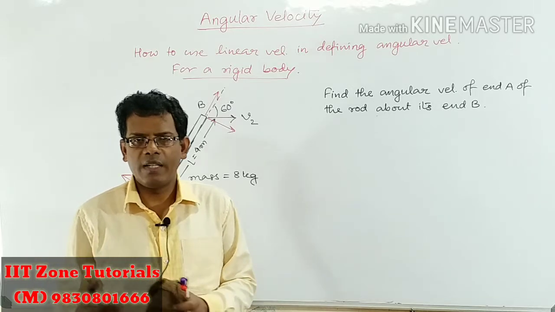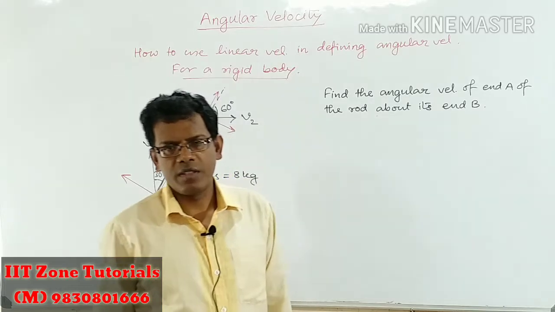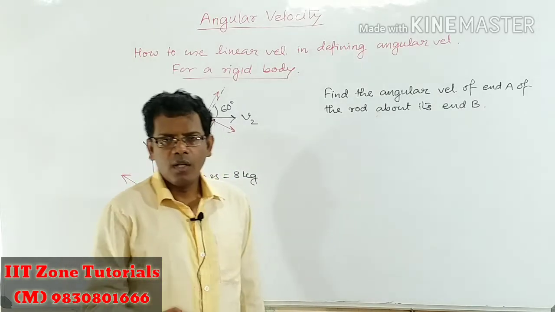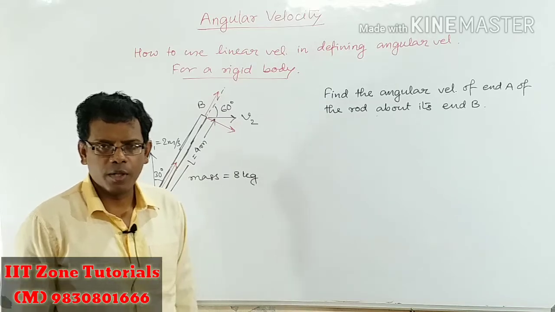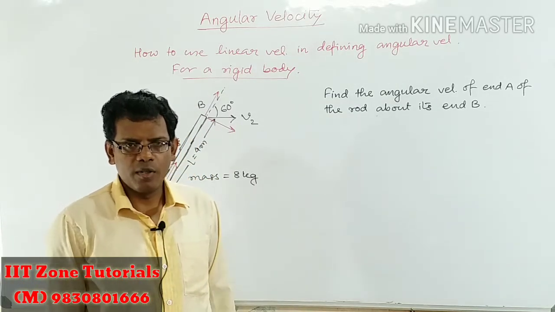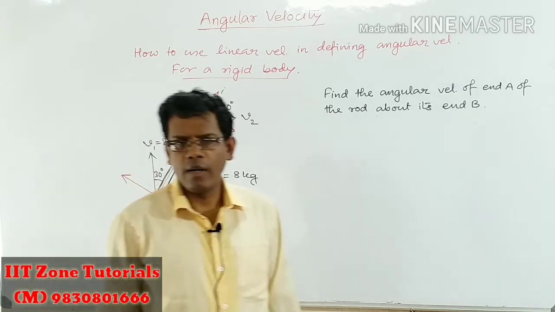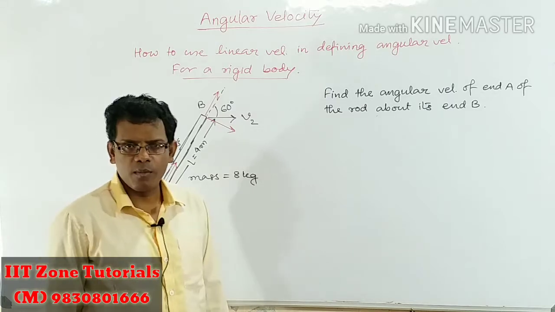How can we relate or develop the value of angular velocity of one point about the other point on a dimensional body when nothing is given about the angular speed or angular motion? Nothing is said about initially having any existence of angular motion.